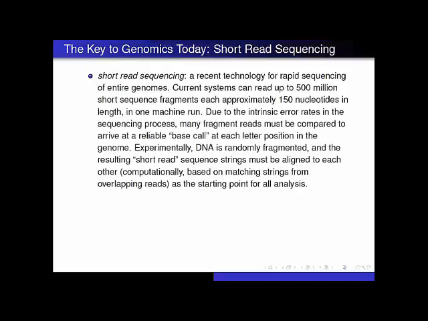So what this really does, to summarize it very, very briefly, is that you can only read short little pieces at a time. So what you get is an enormously large number of these so-called short reads.